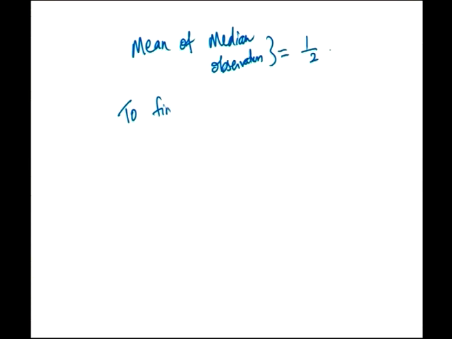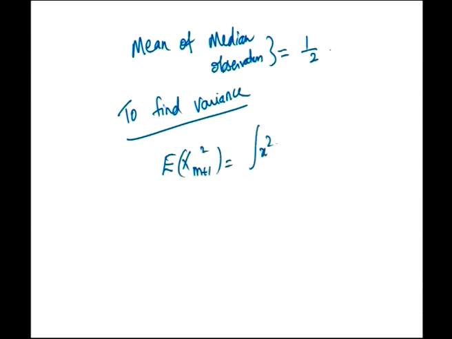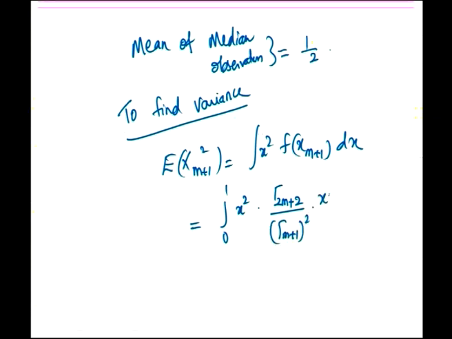Next, to find the variance, we need E of x m plus 1 whole square, which is integral x square into f of x m plus 1 dx, and it is integrated in the usual format, substituting all the things, integral 0 to 1 x square into gamma 2m plus 2 by gamma m plus 1 whole square into x power m into 1 minus x whole power m dx.